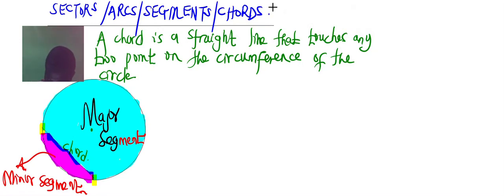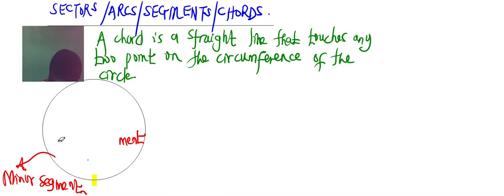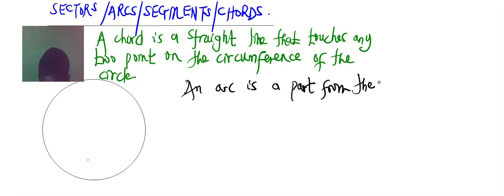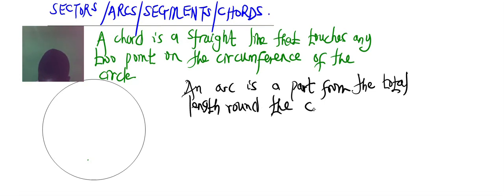Let's talk about the length of an arc. An arc is a part of the total length around the circle.